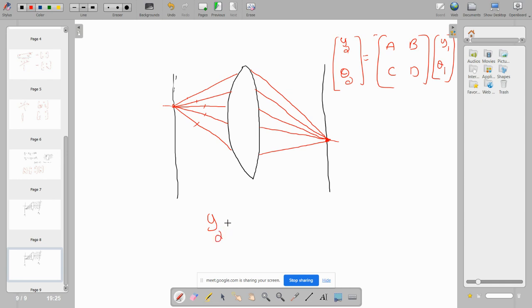So y2 is equal to a y1 plus b theta 1. Now whatever the angle may be, it is not at all depending on that. So if it is a particular y1, it is connecting to a particular y2. As long as y1 is constant, y2 will also be constant. So there is no angular dependence here.